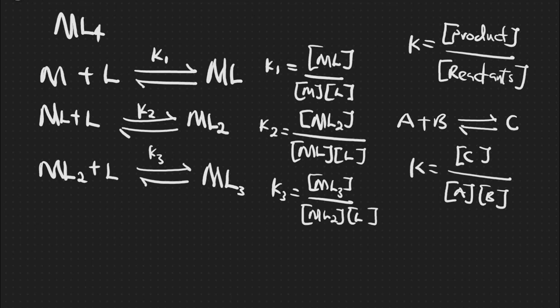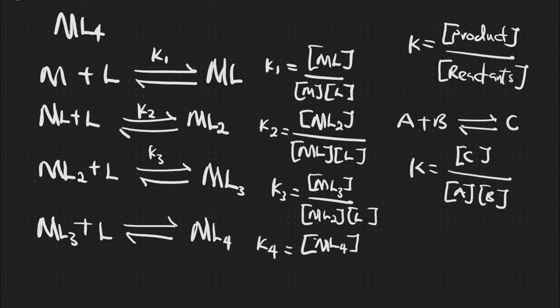Then the last step, since it is a four coordinate system, we carry the last product, which is ML3, and react it with another ligand. This will produce ML4, and in this case the equilibrium constant is K4, where ML4 is our product.